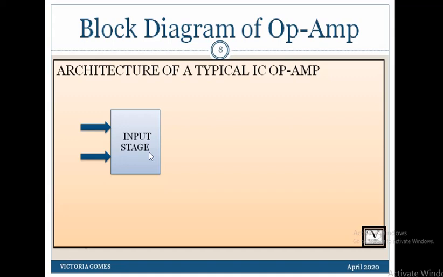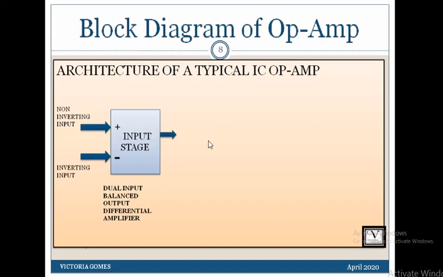This amplifier configuration establishes many of the IC's input characteristics. It provides the inverting and non-inverting inputs, the high voltage gain, high input resistance, and also high CMRR.